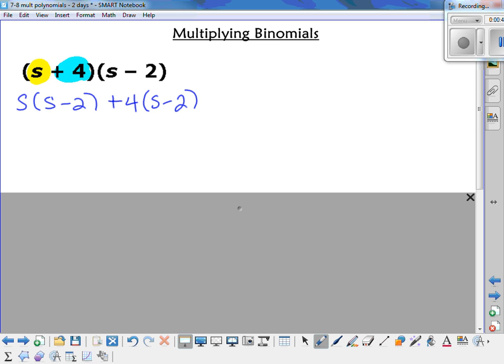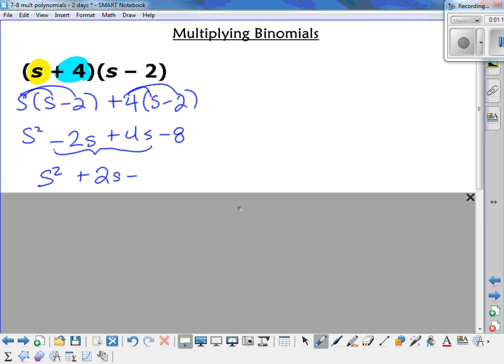So if we then distribute from there, s times s is s squared, s times negative 2 is minus 2s, and then here we have 4 times s, which gives us plus 4s, and 4 times negative 2 gives us minus 8. And I see that in the middle I have like terms. I have a negative 2s and a positive 4s, so you have to combine your like terms. So I end up with s squared plus 2s minus 8.